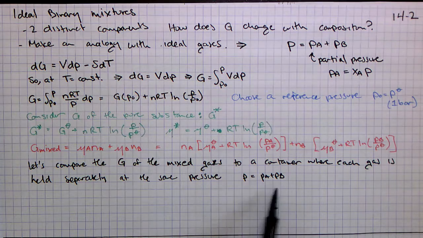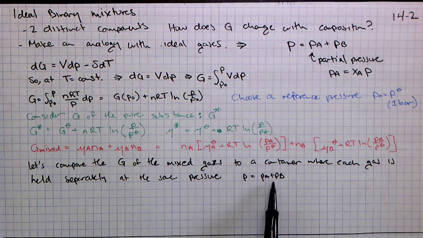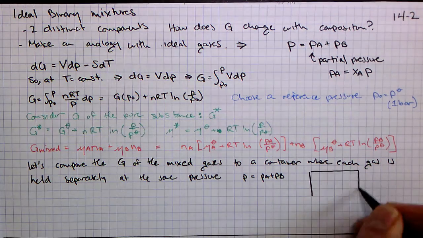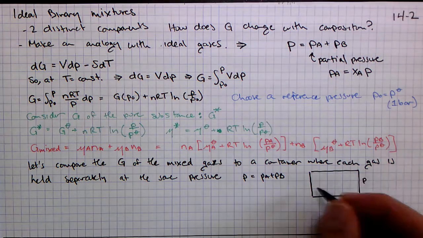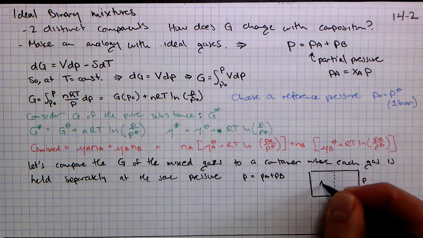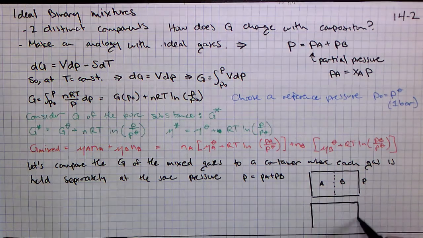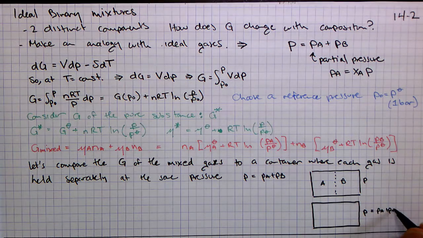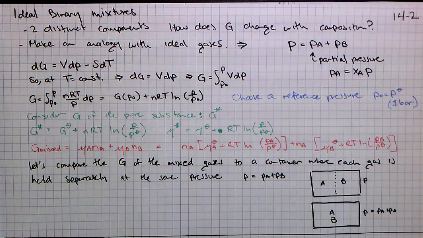One in which we're holding both gases at the reference pressure, and one in which we allow them to mix, right? So basically we're setting up an idea where we first start out with some pressure that we're exerting from the outside, but we're holding A and B separate, but they're both at this pressure, and then we're comparing it to the case where we are now holding the same total pressure, but A and B are mixed throughout the container, right?